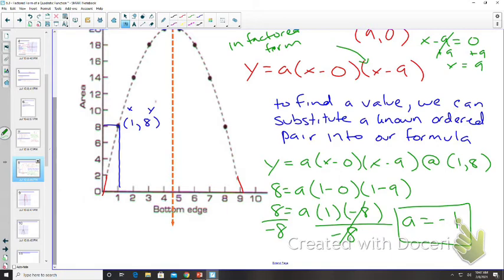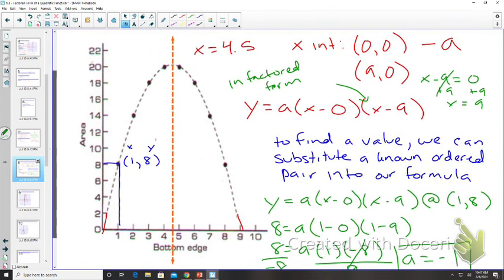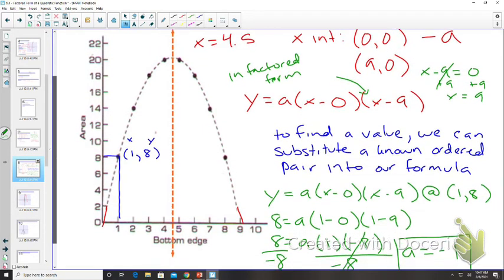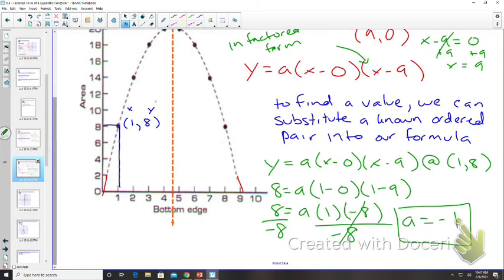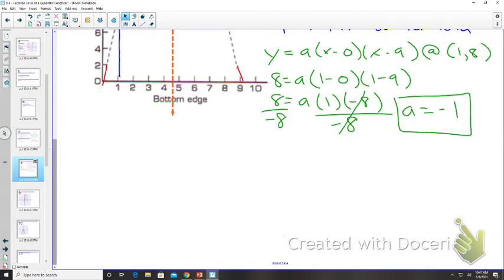Okay, so now that we have our a value and we have our x-intercepts, we can finalize our answer here. Okay, so we have y is equal to negative 1, that's our a value, and then we can put in our roots.